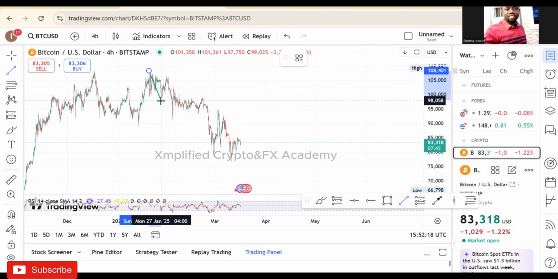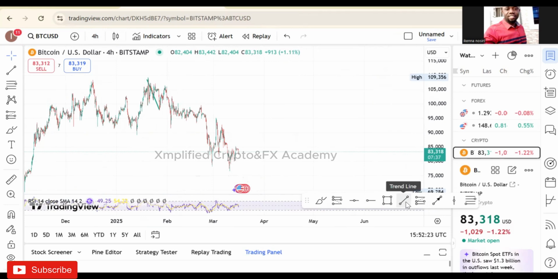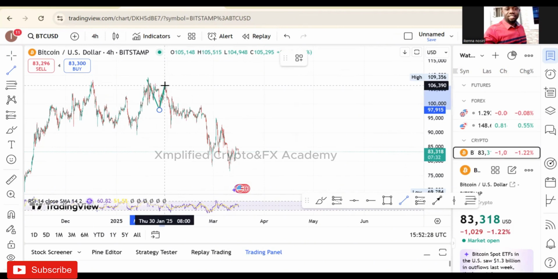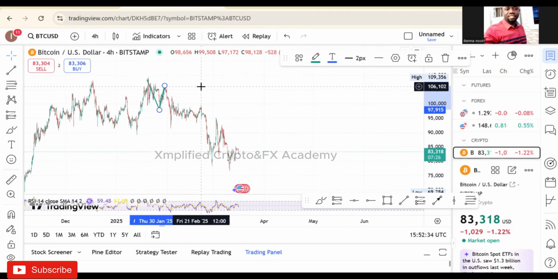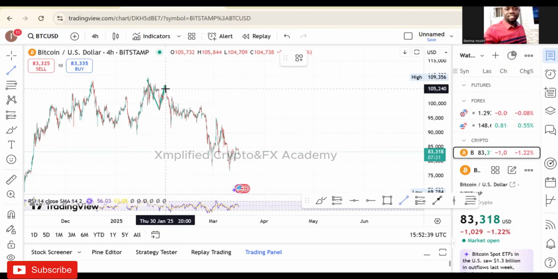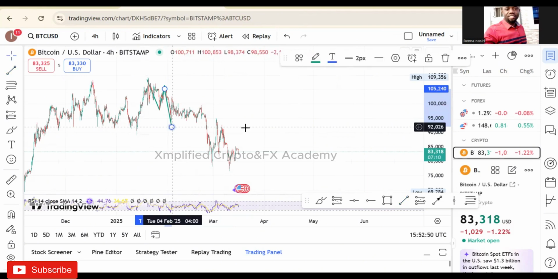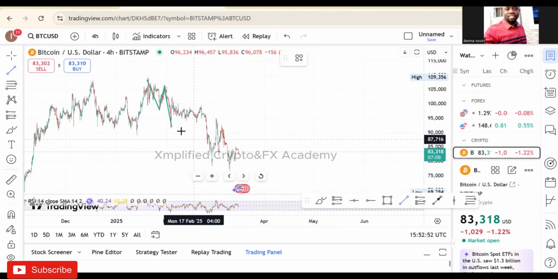Then it dipped to this point, and had a pullback, a buy-up, to this point. Unfortunately, it didn't cross the previous high. Then again from there was a retracement to this point. Then a little pullback happened, that was still not that strong, to this point.